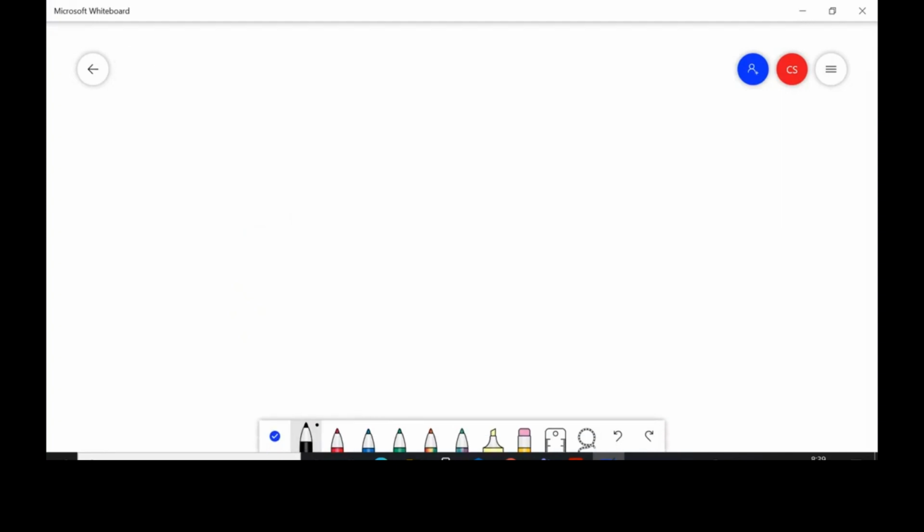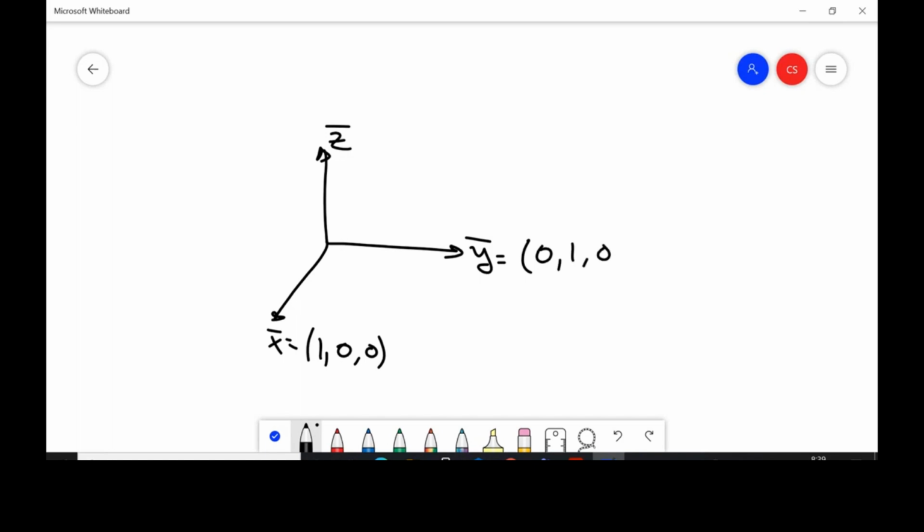Okay, so let's say that we have a coordinate system. I will do the analogy with the standard coordinate systems that you are used to in physics. So let me call x bar, where the bar is simply saying that it is a vector, and this would be y bar. This is z bar, and you know, in the x, y, z coordinate system, the coordinate of x is 1, 0, 0, the coordinate of y is 0, 1, 0, and the coordinate of z is 0, 0, 1.